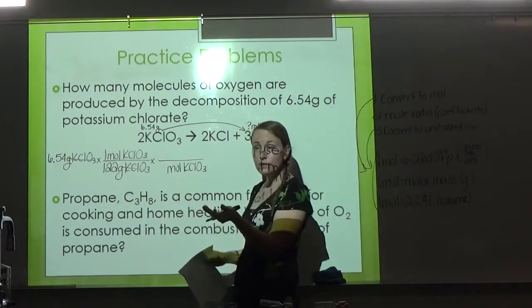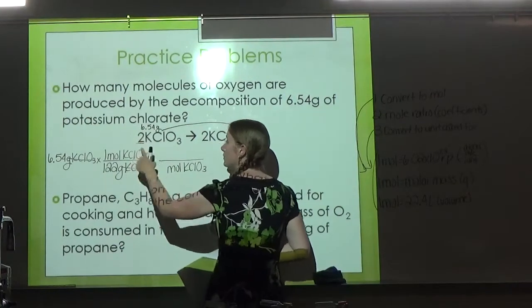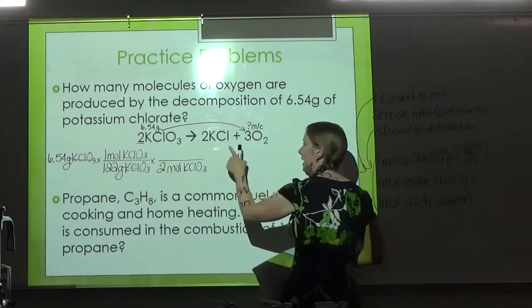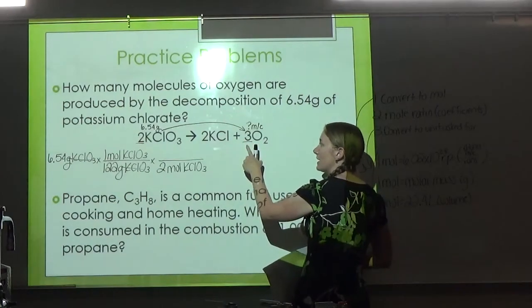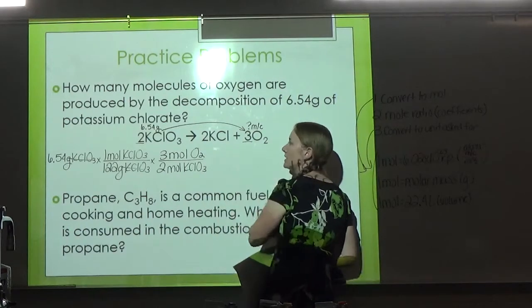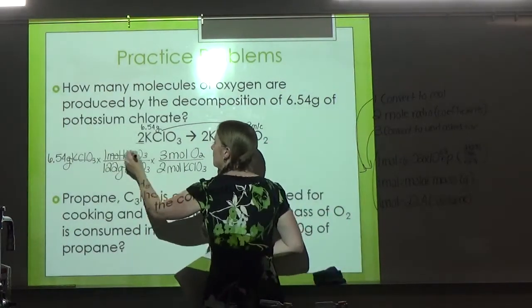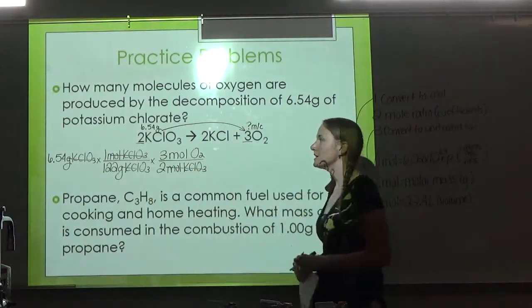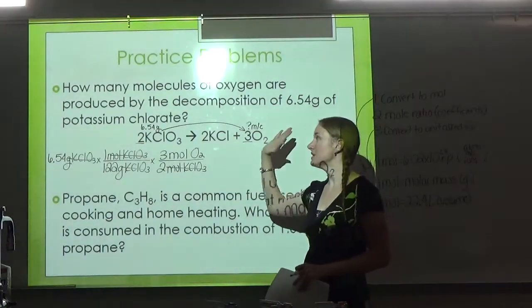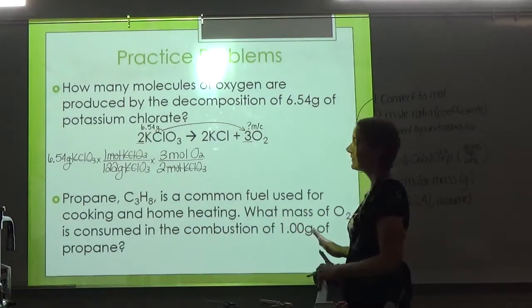Well, how many moles? Look at my reaction. So it's 2 moles of potassium chlorate. I'm trying to get to oxygen. That will make 3 moles of oxygen. See, this is where that mole ratio comes into play. So my moles of potassium chlorate cancel, and if you notice, now I've switched over to oxygen. So potassium chlorate is gone. I'm not focusing on that anymore.